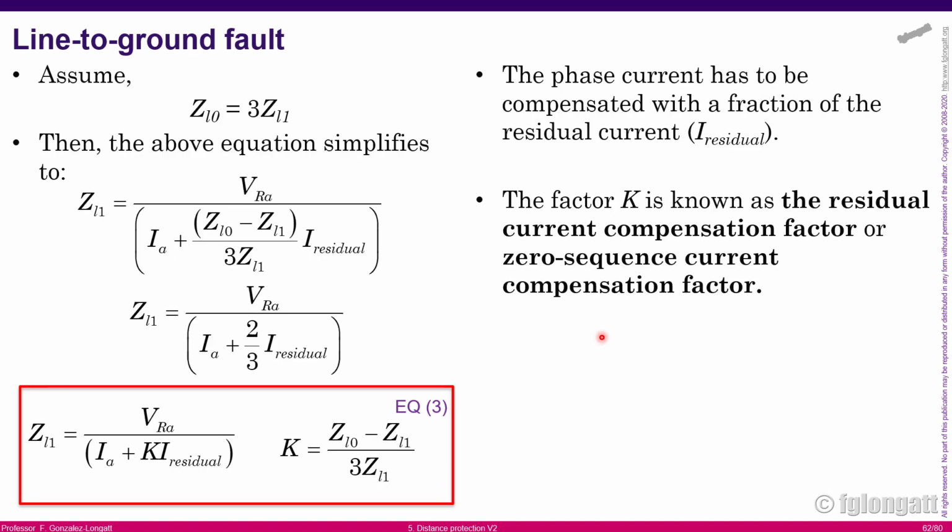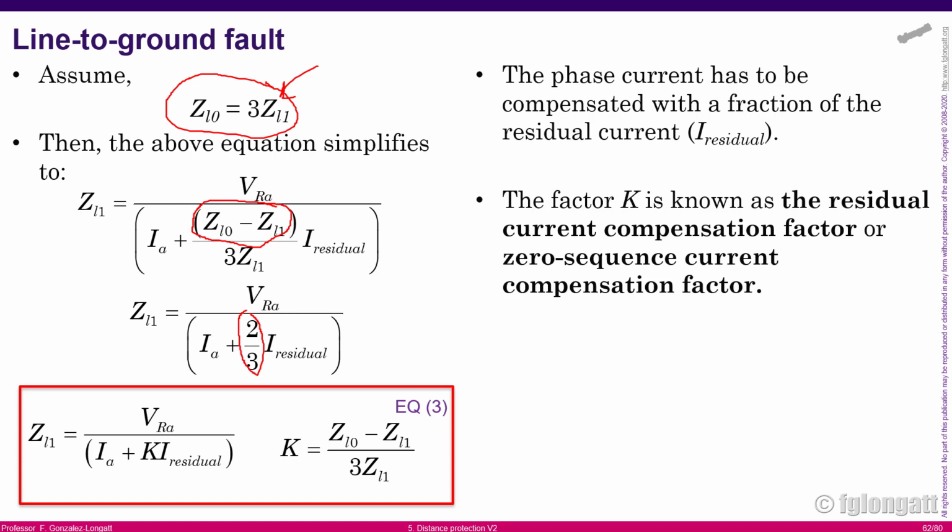However, in this class we can make an assumption. The assumption is very simple, and we will assume that the zero sequence is equal to three times the positive sequence, okay? If we make that assumption, that will simplify this term over here, and the positive sequence will disappear.